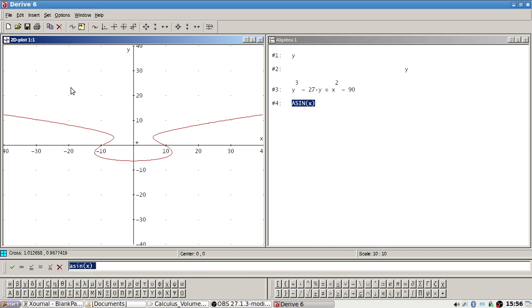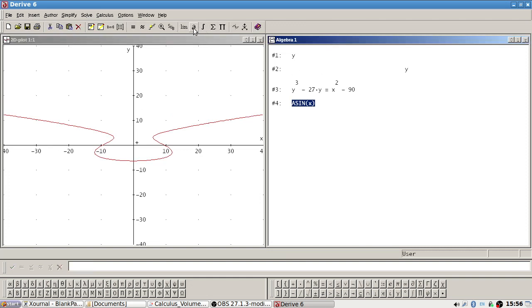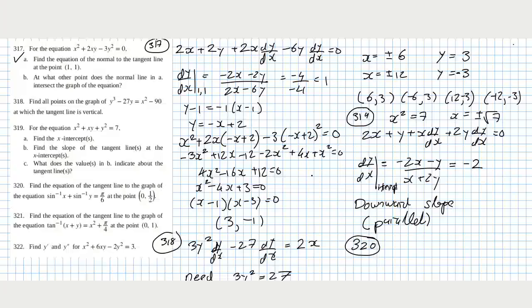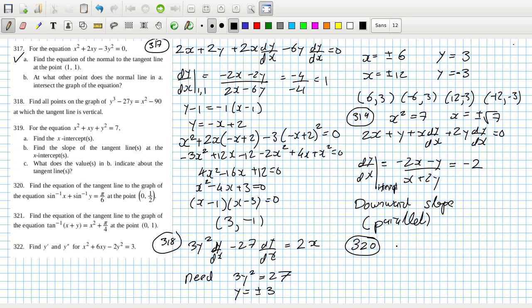I shall confirm for certain. Yep. So that's going to be 1 over root 1 minus x squared plus dy/dx over root 1 minus y squared equals 2x.